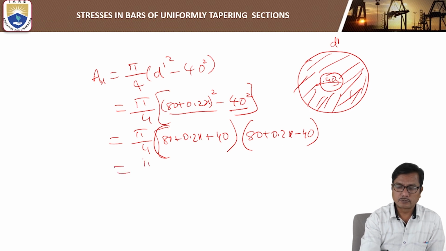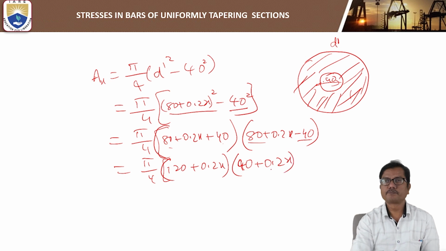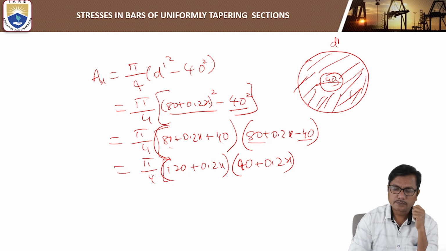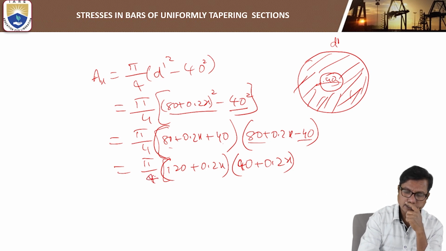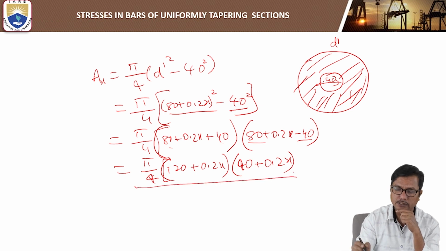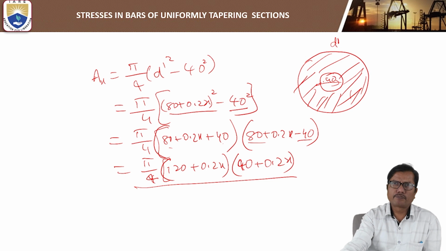So pi by 4, 120 plus 0.2x, into 40 plus 0.2x. Understand? So the cross-sectional area at a distance x is given by this equation.